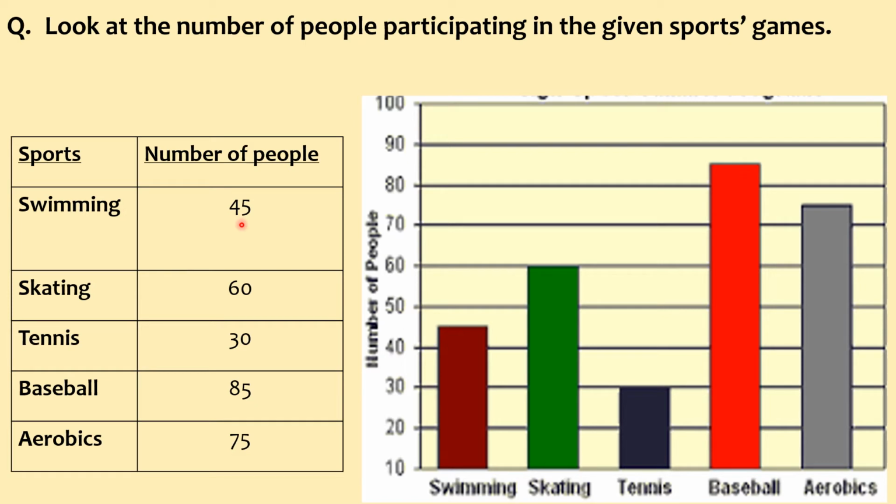Here you have 45 people doing swimming. We have vertical bars here, and the frequency would be mentioned on this side. The number of people are present here. So how many people are participating in swimming? 45. You can see 40 is here, 50 is here.